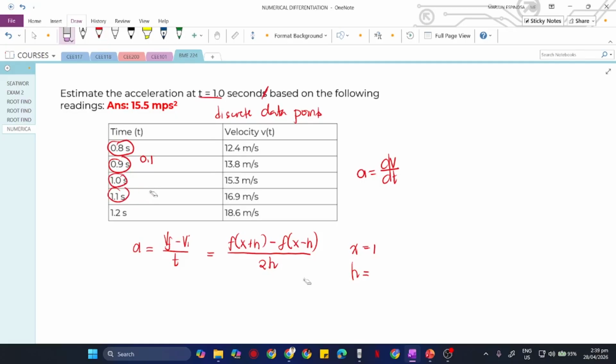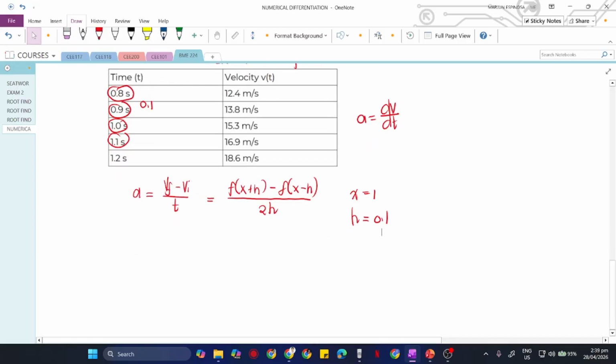So, meaning to say, yung step size natin is actually 0.1. Kung gagamitin natin to, so basically yung f of x plus h, yan yung velocity at 1 plus 0.1, minus velocity at 1 minus 0.1, all over 2 times yung step size natin.